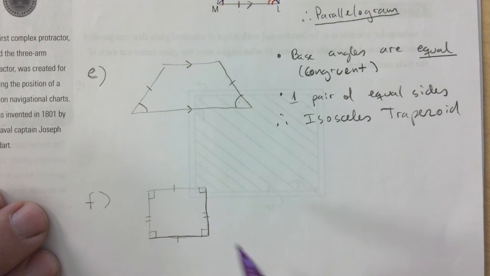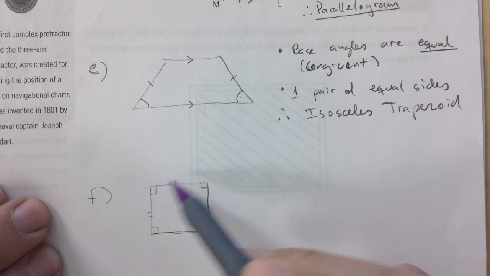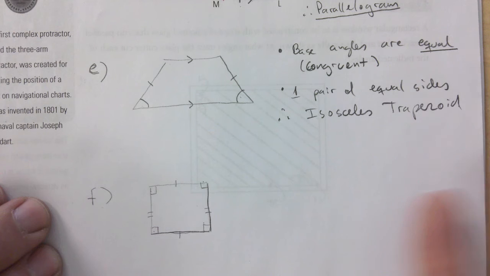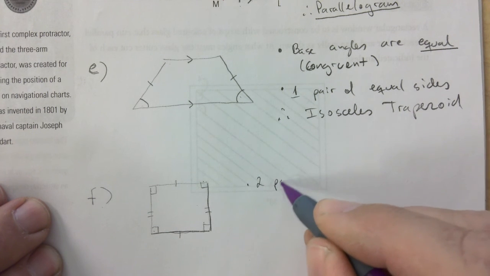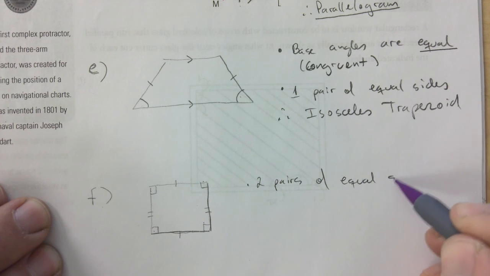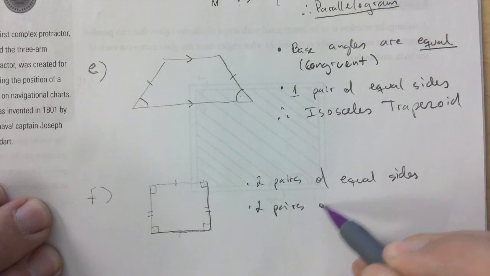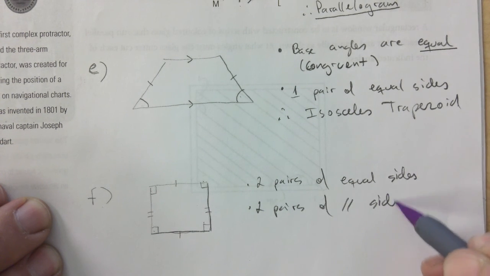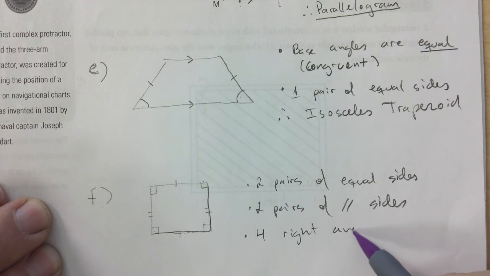Next, you have a rectangle, right? You should recognize all 90s, but we don't have all four sides being the same, in which case it would be a square. Now it's a rectangle, right? So you have two pairs of equal sides, two pairs of parallel sides, and you can also say four right angles if you want.